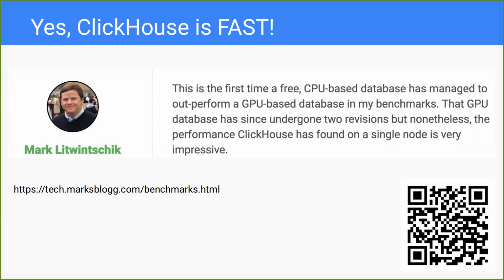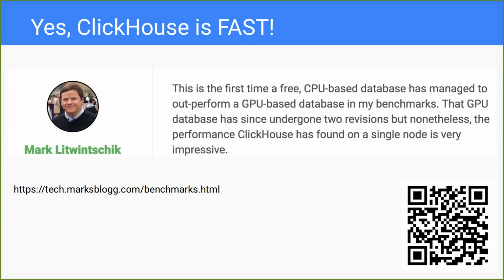We're not doing any special optimizations, and it's interesting at this point to just review some feedback that ClickHouse has gotten from the database community. There's a guy called Mark Litwinchik who does regular performance tests using this New York City taxi data, which is a public data set.